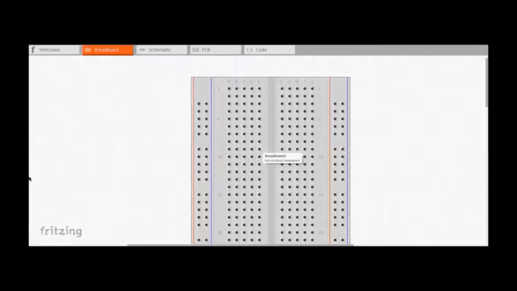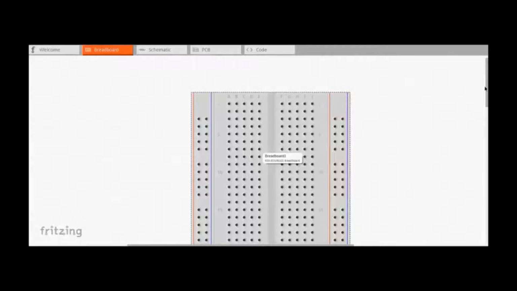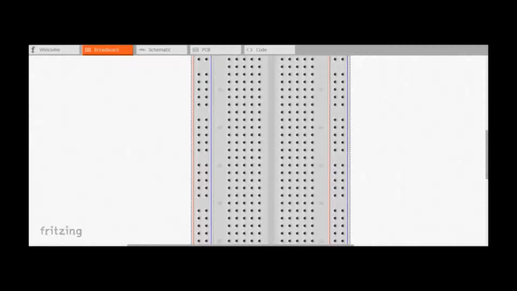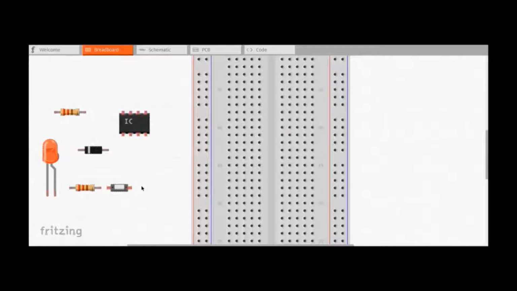So for example, let's get some components and try to make some connections. Here are some components. We have two resistors, an LED, a general purpose diode, and a switch. As I was saying, the gap here allows the connection of integrated circuits.